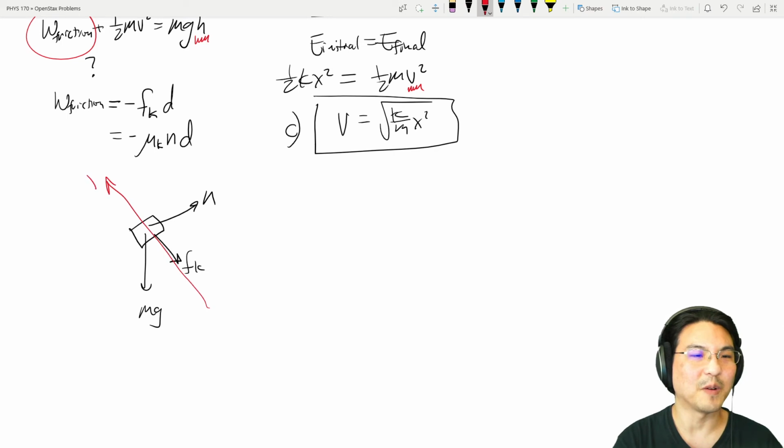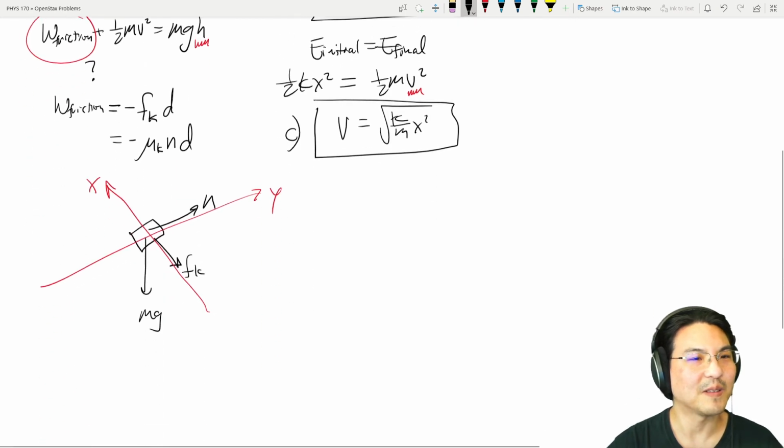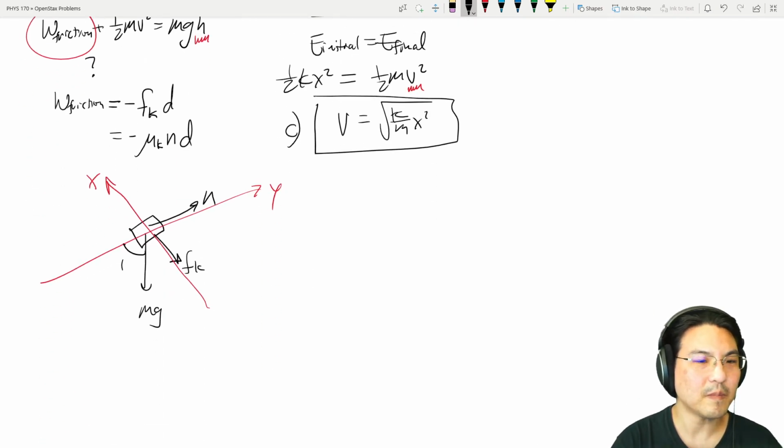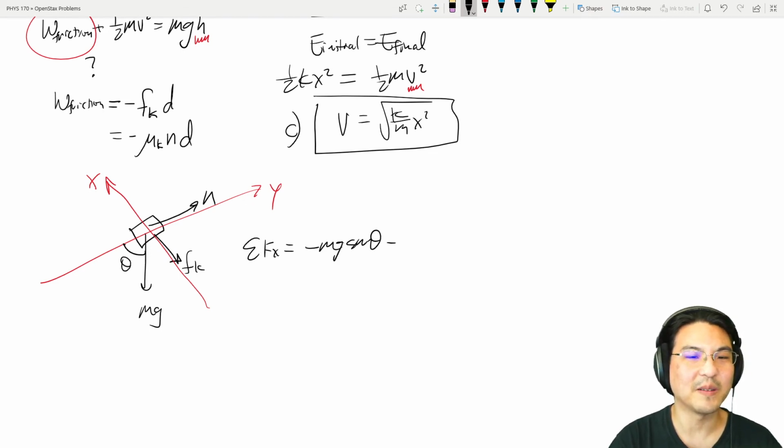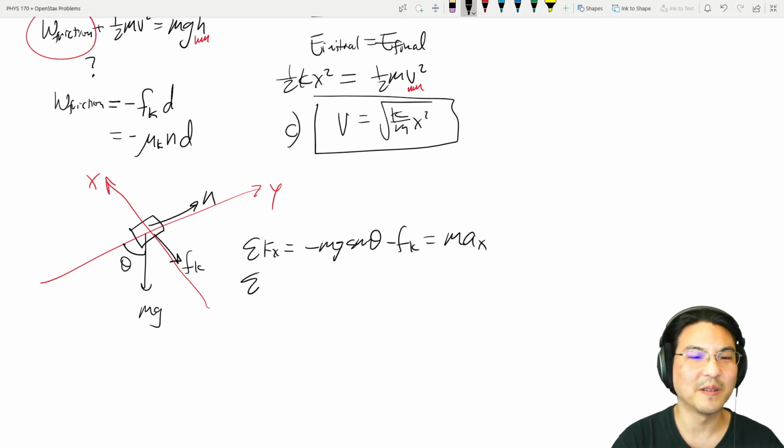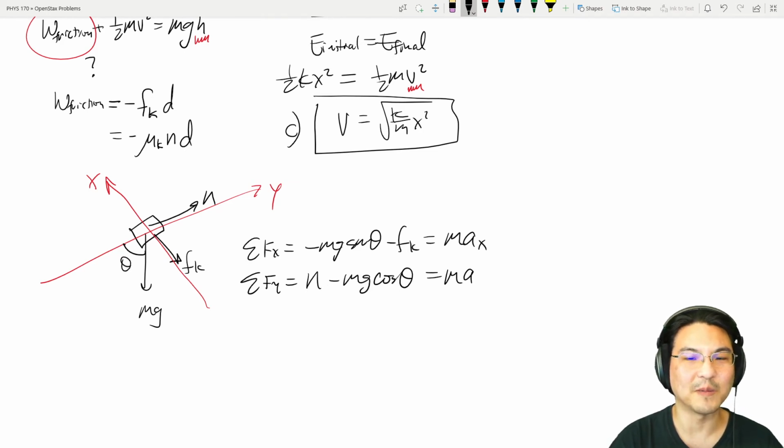And then if I pick coordinates however I want, and let's take a look at the picture. Okay, so the angle is here. In the x direction, we got minus mg sine theta minus friction equals mass times acceleration. In the y direction, we have n minus mg cosine theta equals mass times acceleration, the y component.